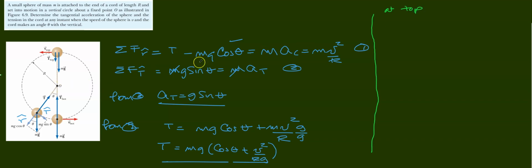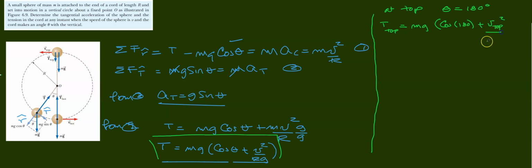what happens? Well, at the top, notice that theta measured from here is 180 degrees. So if I take this answer and I say, what is the tension at the top? Well, it's going to be mg, then cosine of 180 plus the velocity, whatever it is at the top, squared over the radius and gravity.